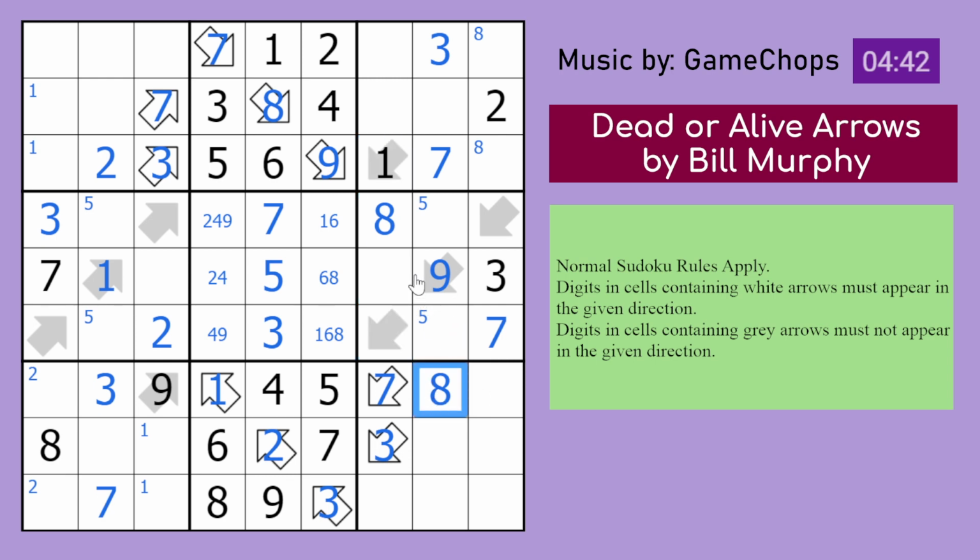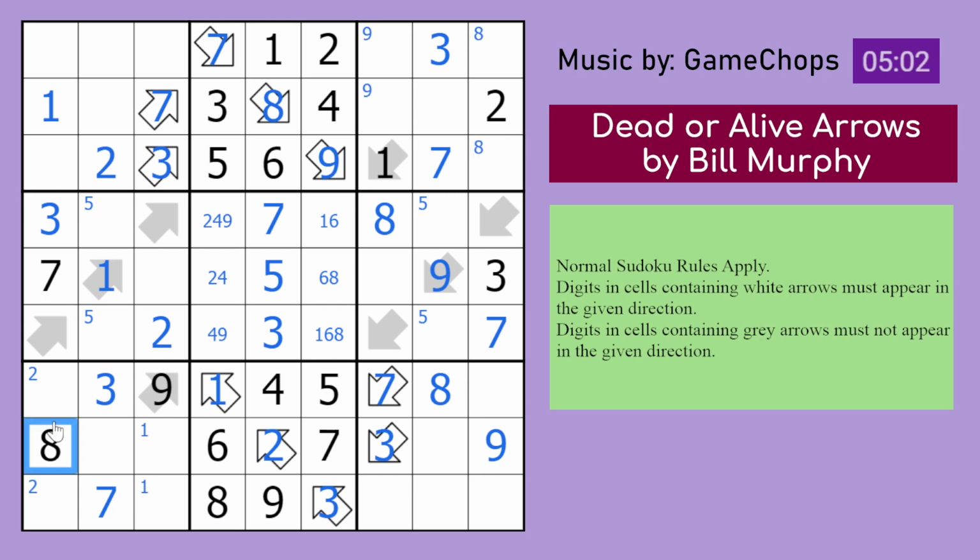Maybe 9s? 9s are a similar story, I think. Yeah, 9's in one of those cells. Oh, sorry, this 1 sees that, so 1 goes there, and this 9 sees that, so 9 goes there.